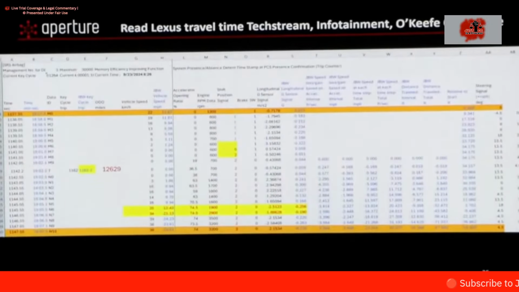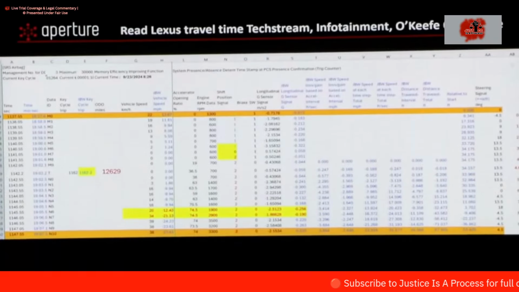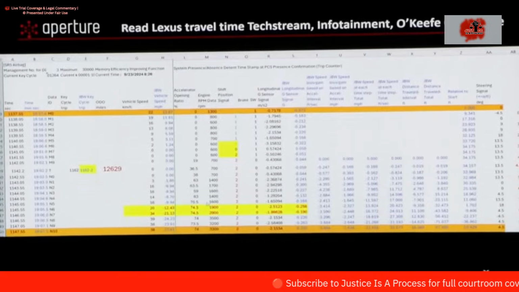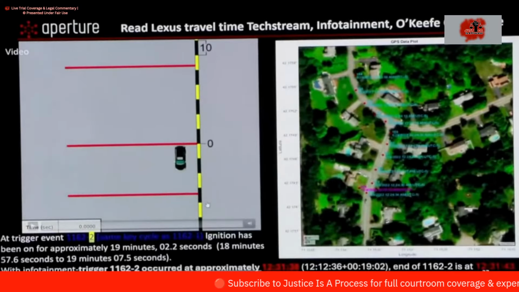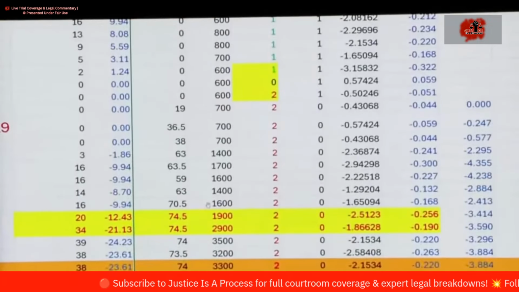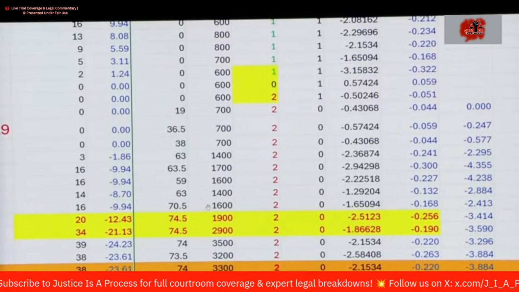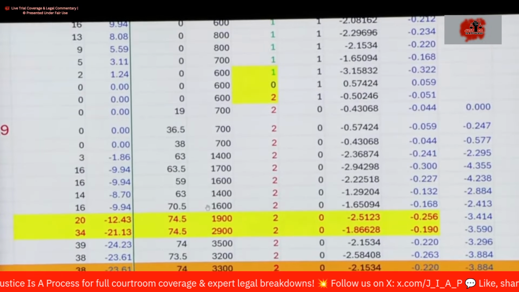If you could zoom in for a second, I want to ask you a question about the RPM column. You see in the last line, the last piece of data captured, the RPMs changed from 3,200 to 3,300.